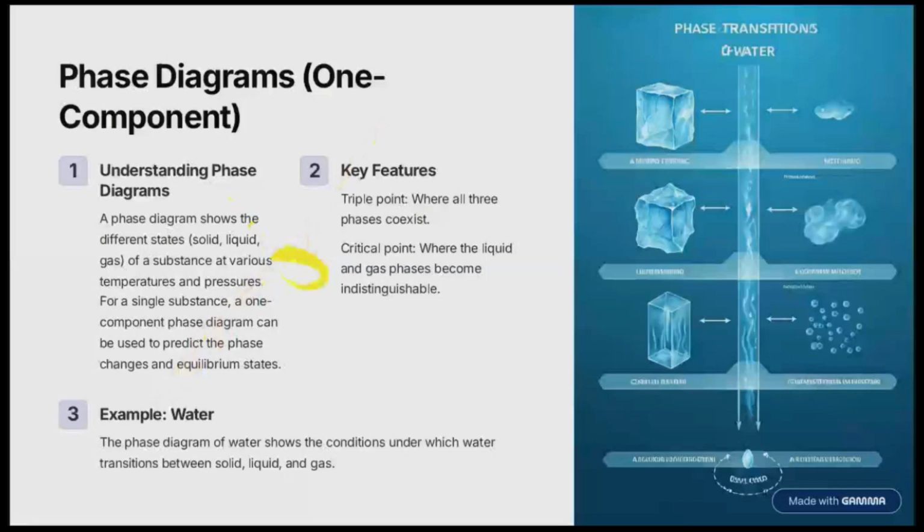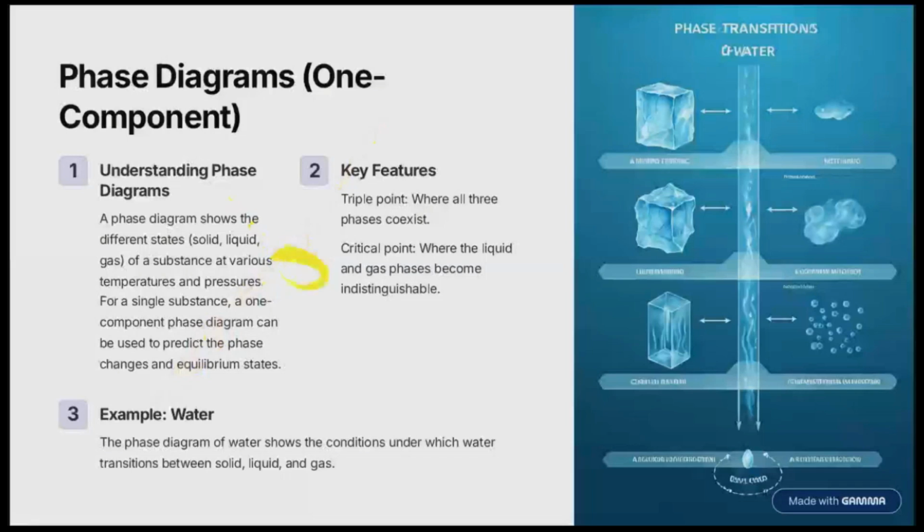So if you're writing, you write that the phase diagram is a graphical plot that illustrates how water changes from one phase to another with varying pressure and temperature. It shows how water changes state between solid, liquid, or gas as pressure and temperature change.